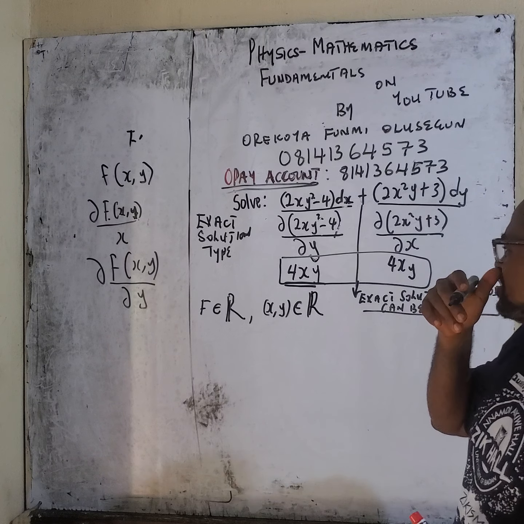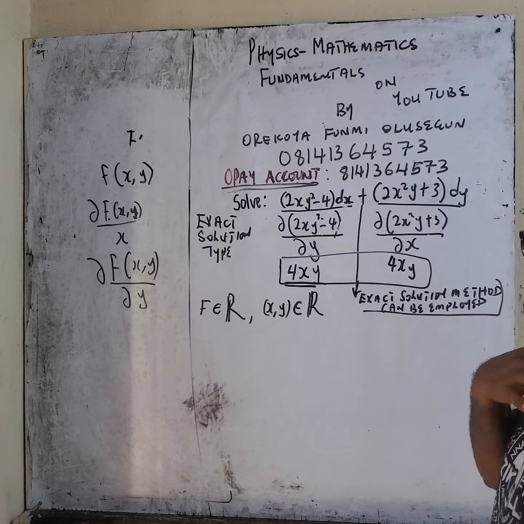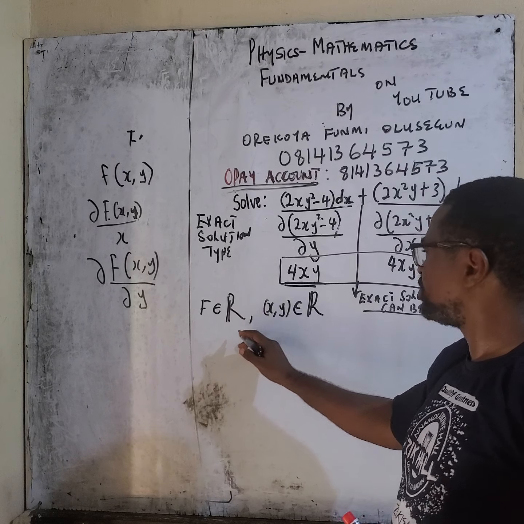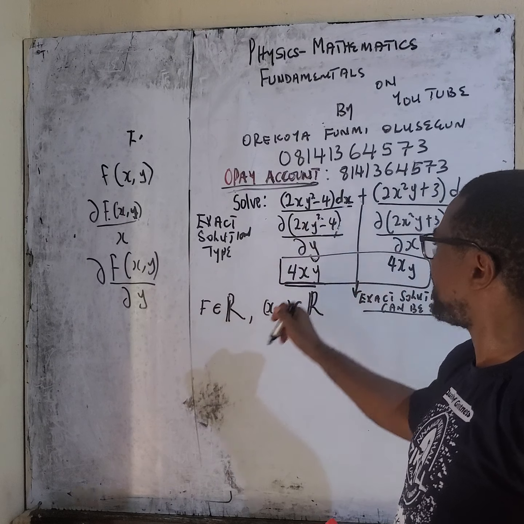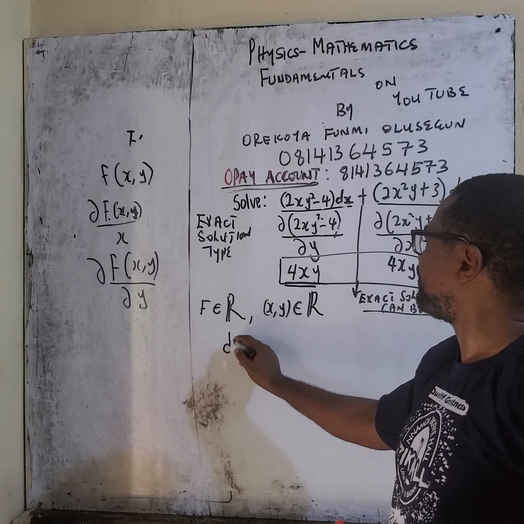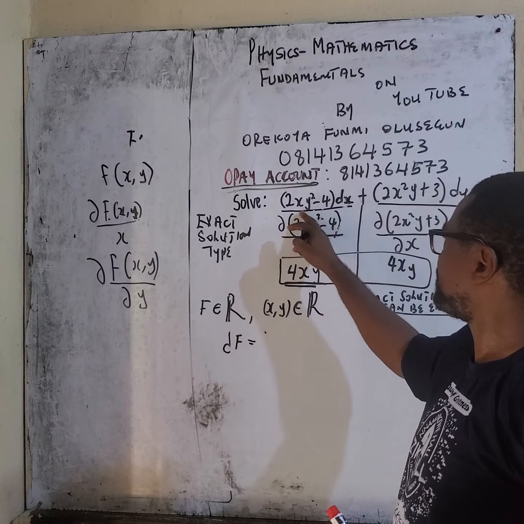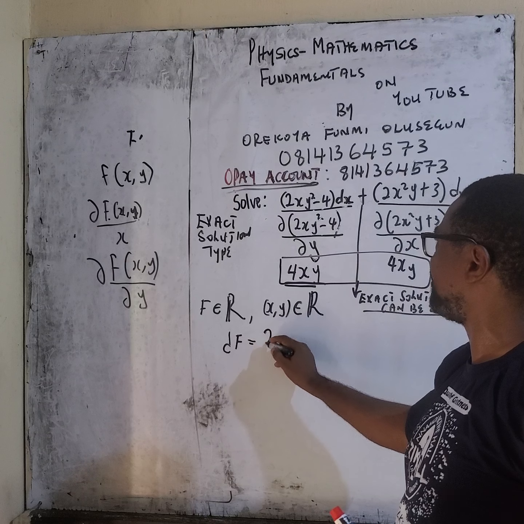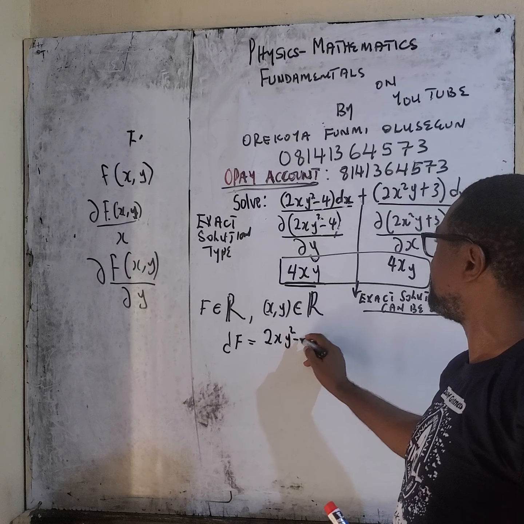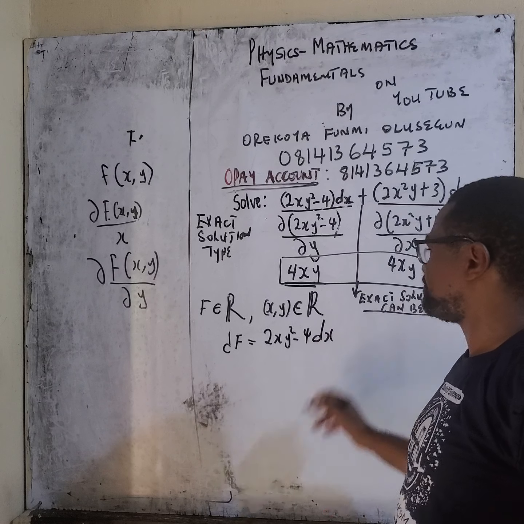Now, in this case, what we are going to do is this. We are going to have something like this. That particular function, the f, is actually equivalent to what we have represented here, the x. So we have 2xy squared minus 4 dx.